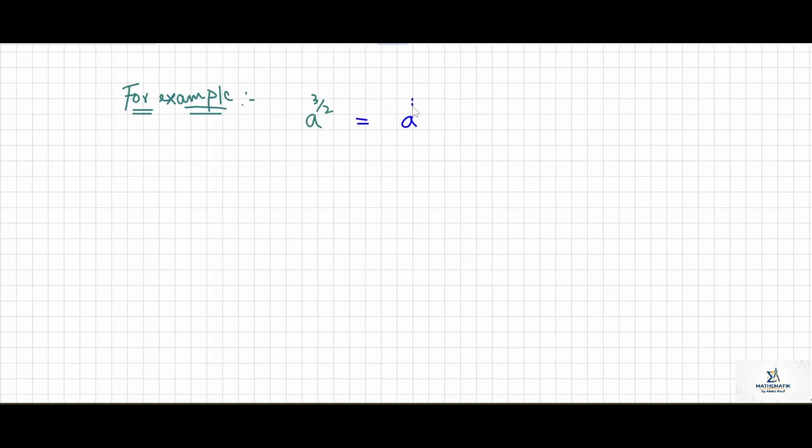A raised to 1 by 2 whole power 3, or you can write it like the root of a raised to 3, or also you can write like this, because 3 by 2 is 3 into 1 by 2.